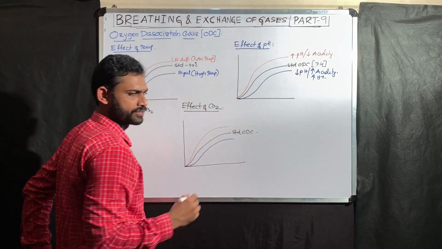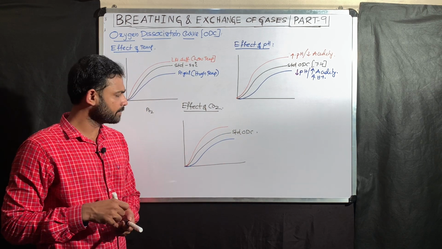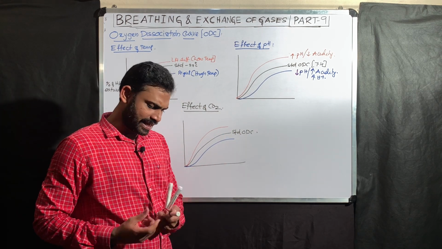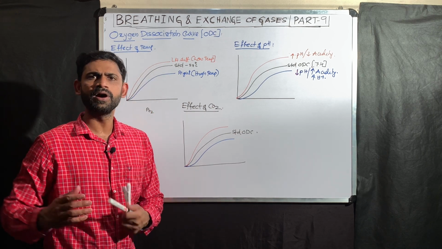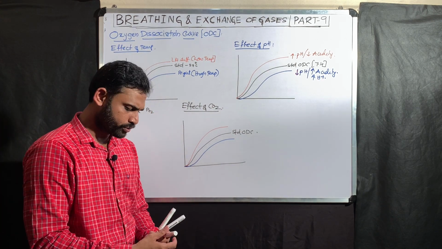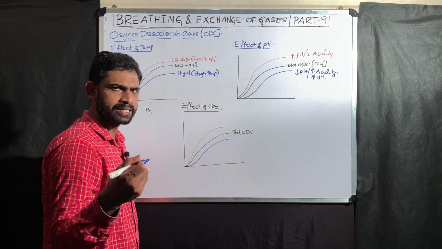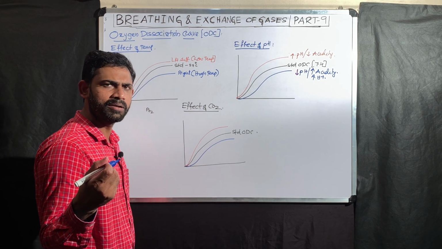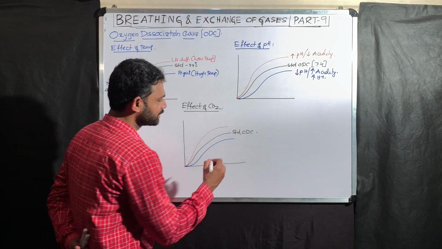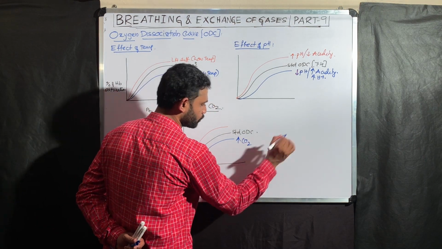This one is the left shift. The red one is the left shift. Now I am asking you first to take the right shift. Right shift means high CO2 or low CO2? Definitely you can understand right shift means less affinity. Is it less affinity or more affinity? Less affinity, right? That means this is a high CO2.